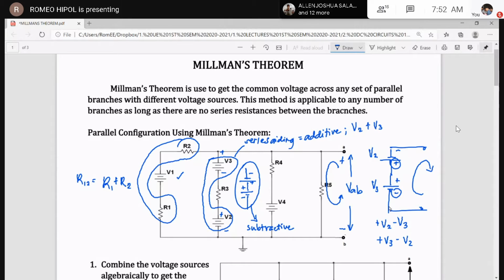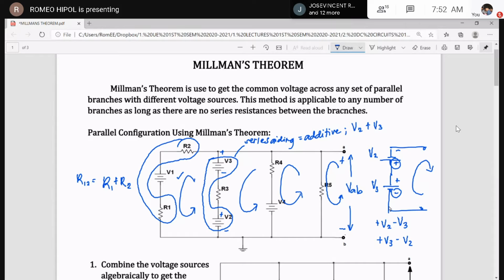So, lahat yan applicable. Counterclockwise ang reading. So, we have a counterclockwise and counterclockwise reading. Naintindihan? Nakakasunod.